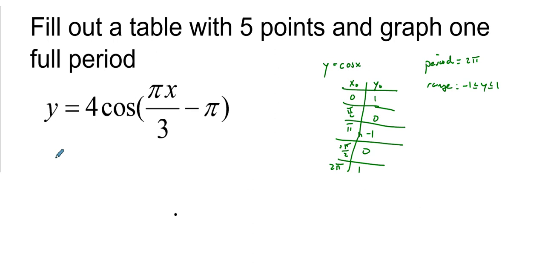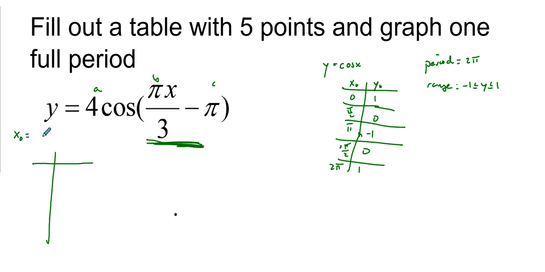And so how has this changed? Well, what we notice is that we have an A value, a B value, and this C value over here. Now to figure out what happens to our original values, we can take the inside, because that's what affects our x, and set that equal to our original function.